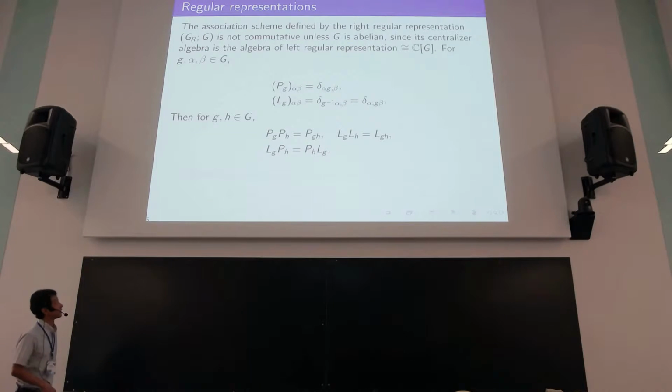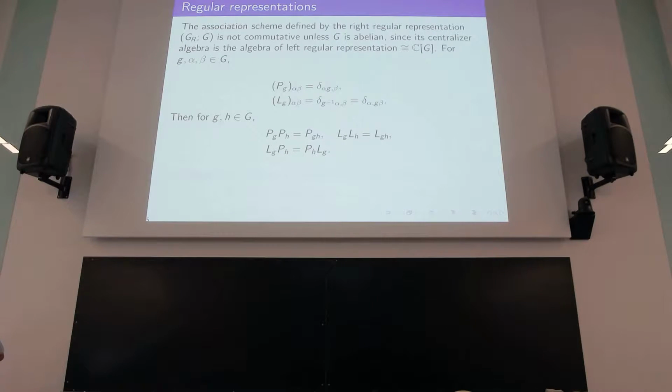So assigning either of these permutation matrices is a homomorphism from the group G to the general linear group. And they commute with each other because of the associativity of the product.